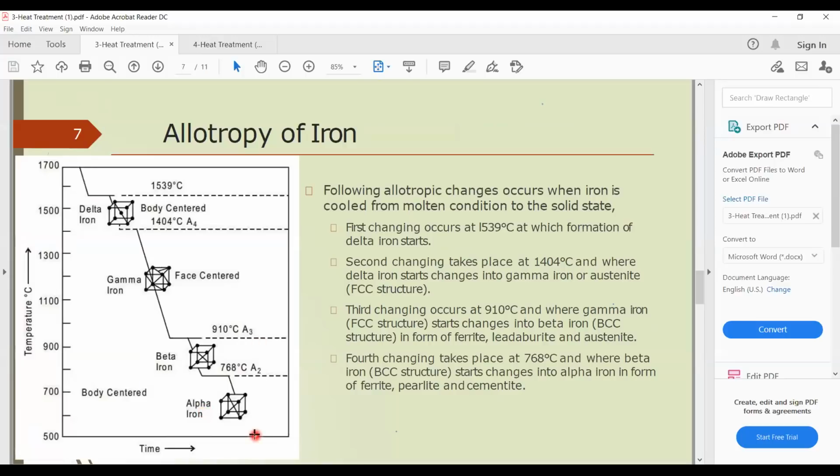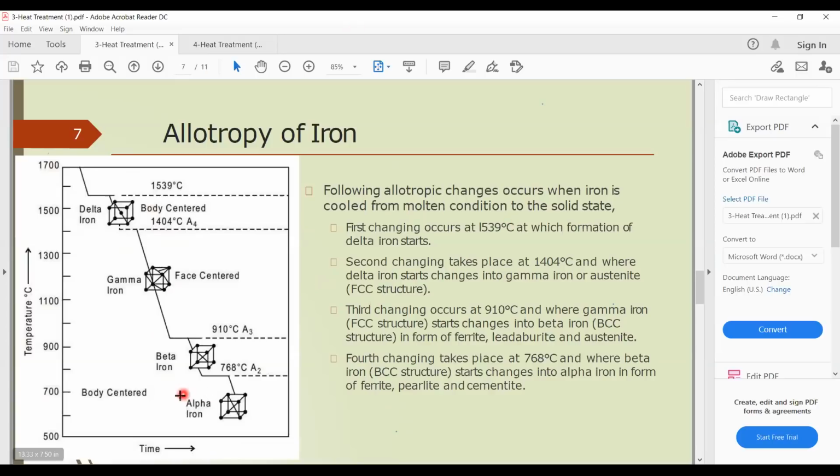So the microstructure is changing, but you don't need it at this moment, because it is due to two things: the temperature level and the amount of carbon available in the metal or the steel, right? So you only need to remember these four changes, at which temperature levels they occur, and how many changes occur when you cool from the molten condition to the solid condition.